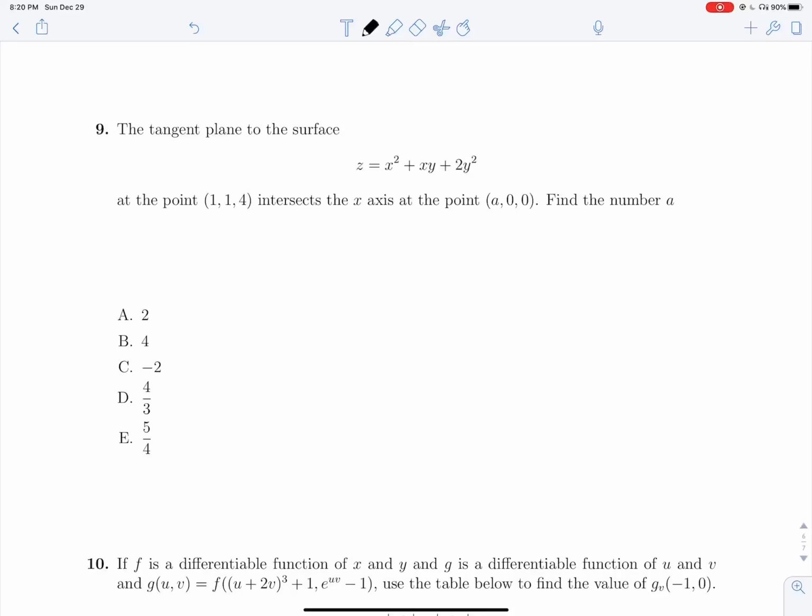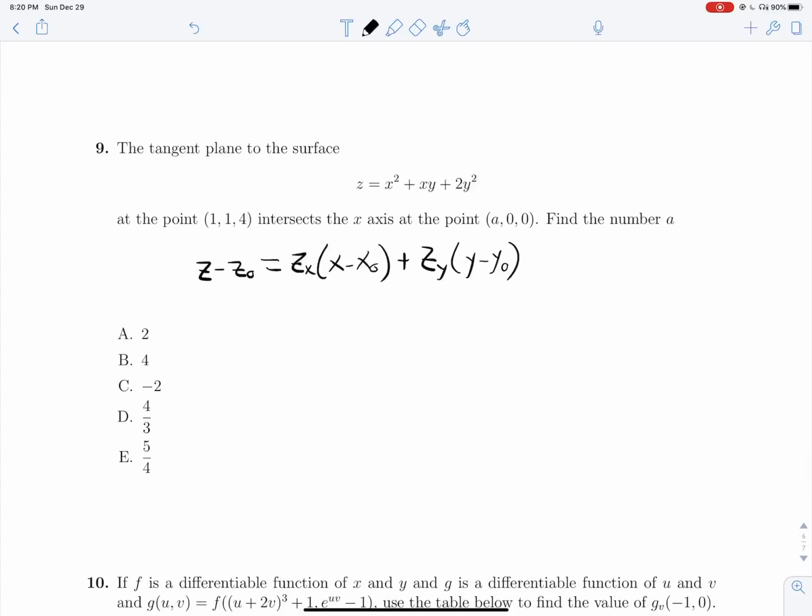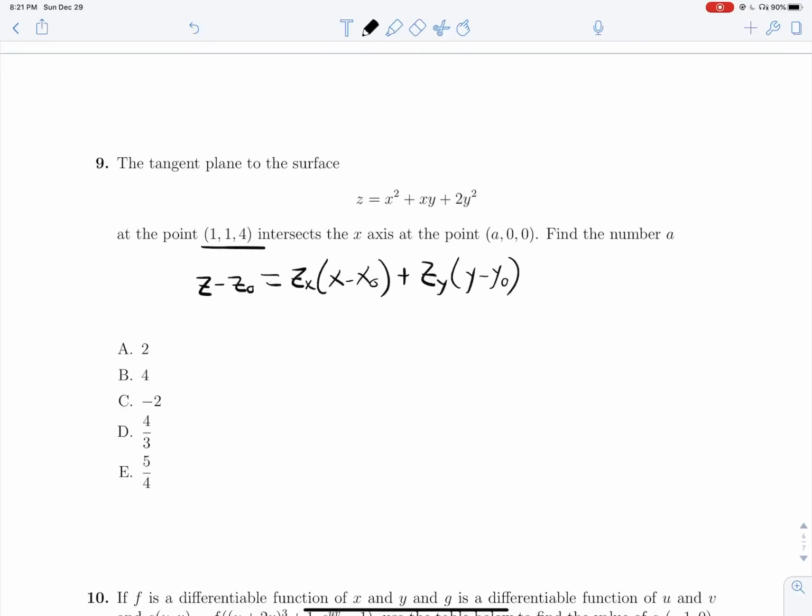So we know that when we're given an explicitly defined surface here, our tangent plane is going to be in the form z minus z naught is z_x times x minus x naught plus z_y times y minus y naught, where these naughts are just, in our case, going to be the point that we're taking the tangent at, and our z_x and z_y are going to be our partial derivatives of z with respect to x and y.